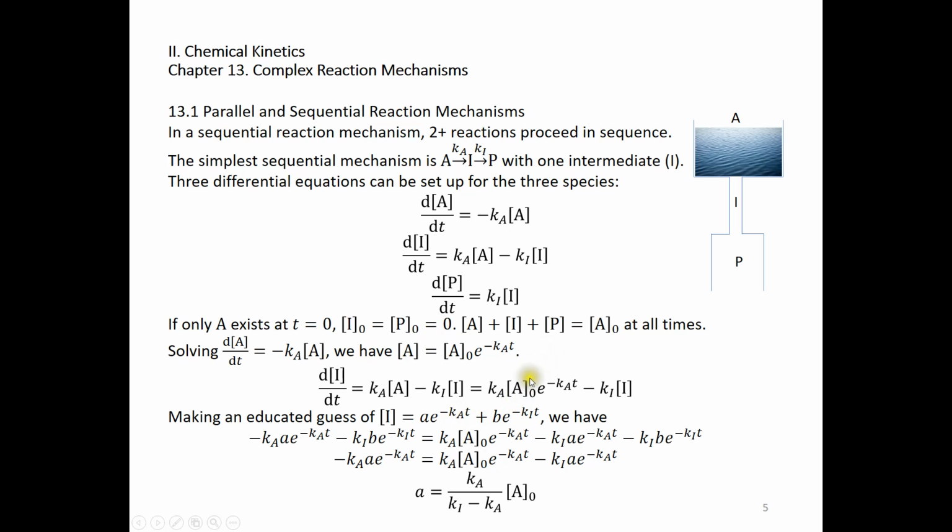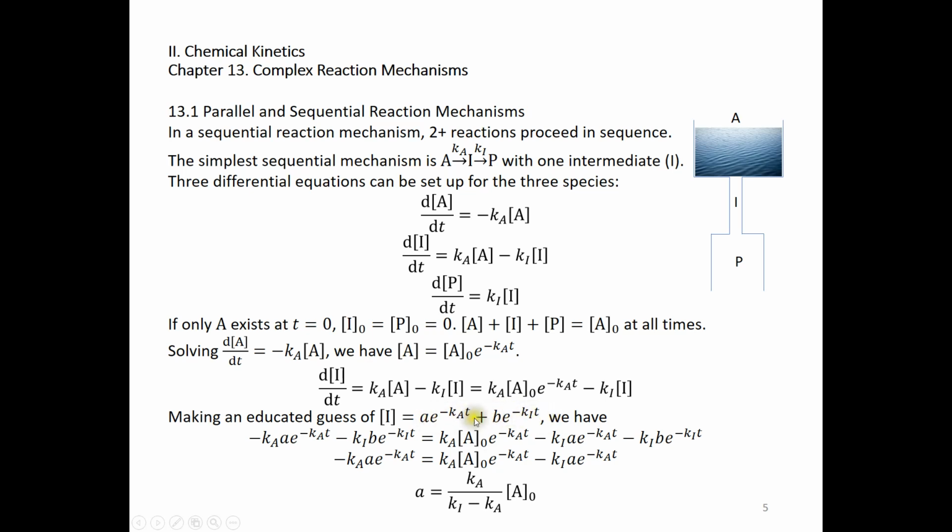And also, if I delete this part, if I have just dI over dt equals negative kI times I, well, this concentration must contain an exponential function like e to the power of negative kI t. So I'm just guessing that I is a linear combination of two different exponential functions, e to the power of negative kA t and e to the power of negative kI t.